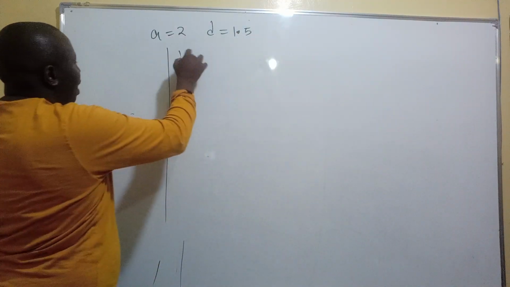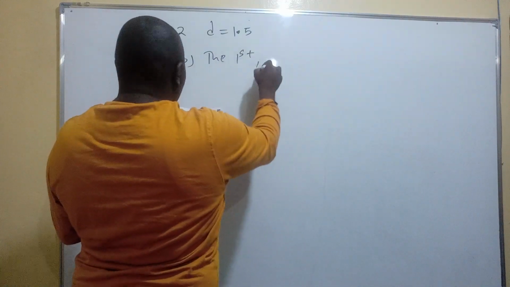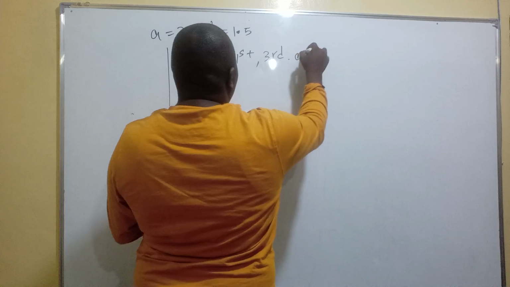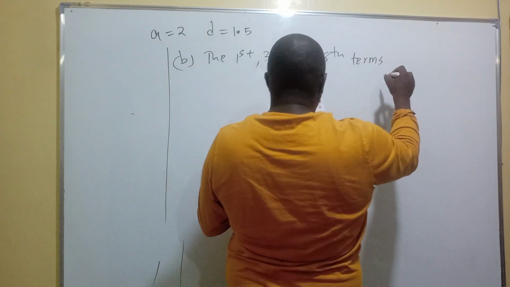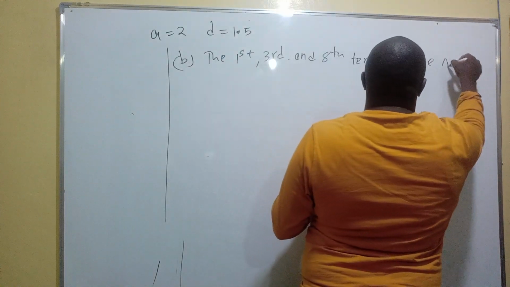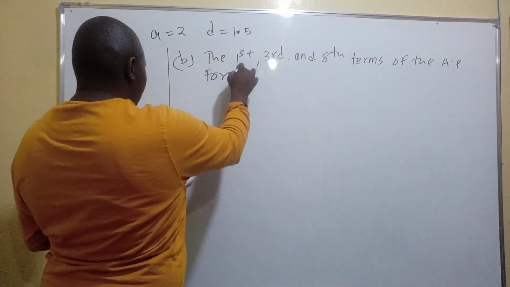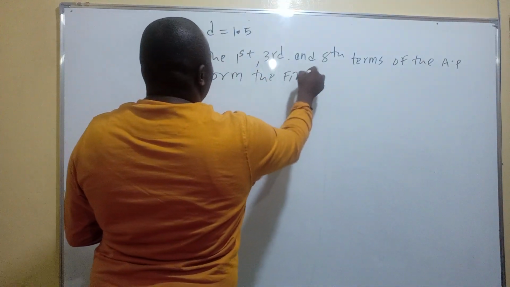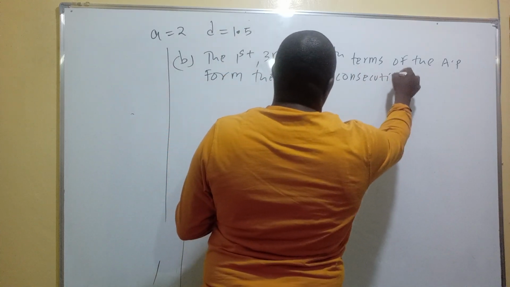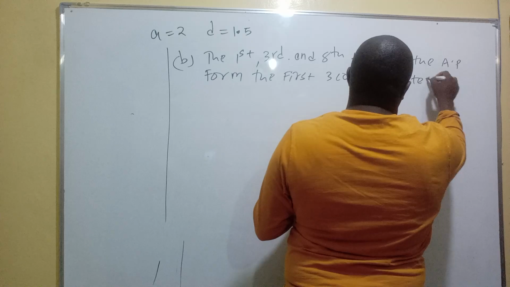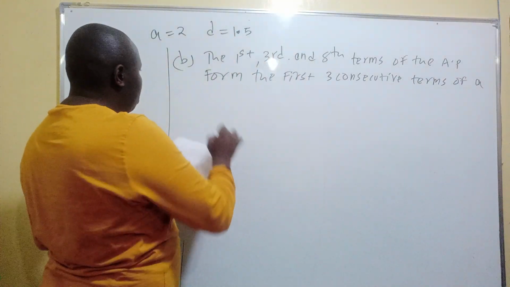So therefore, part B of that question, you are told this. The first, third, and eighth terms of the AP form the first three consecutive terms of a geometric progression.